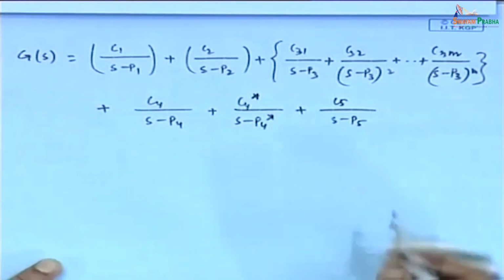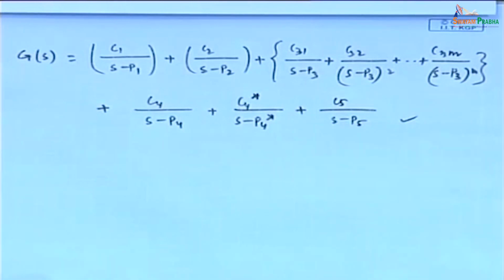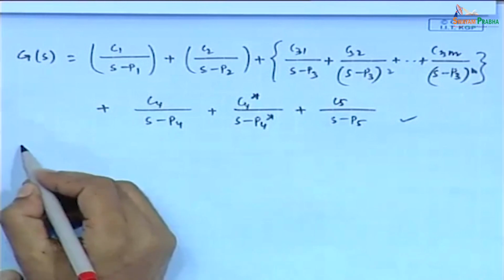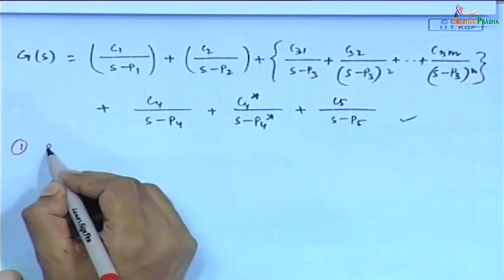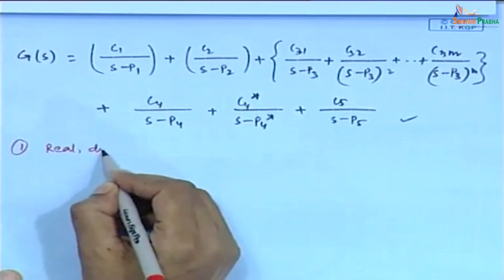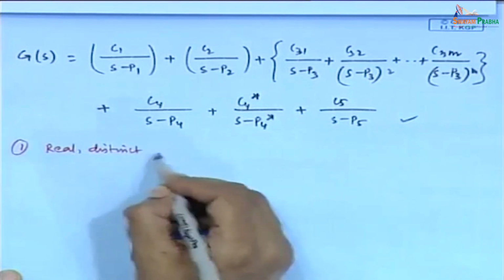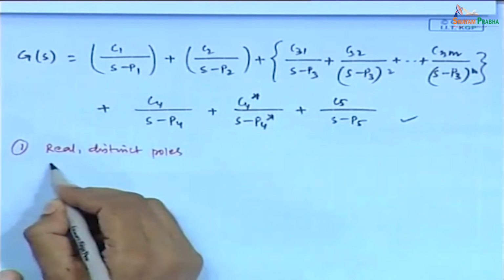I have written that general form in this equation. Fine. Next, we will consider the first case, that is real distinct poles. So, in case 1 we will consider real distinct poles.